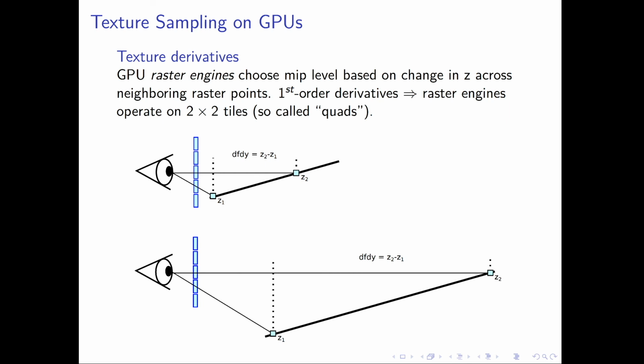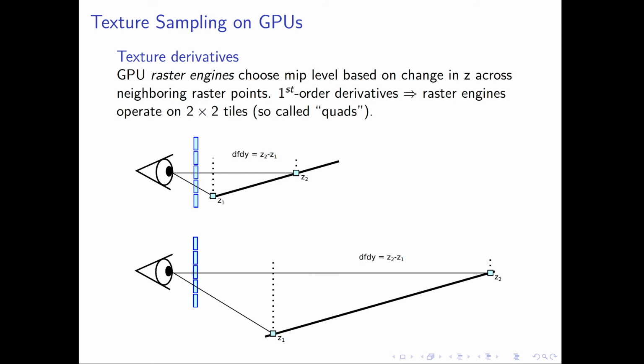Therefore, we take the slope into account: when we decide on the MIP level, we compute the slope with respect to the neighbor, and that tells us which MIP level to use.